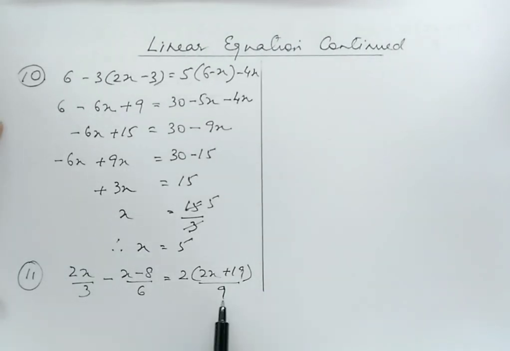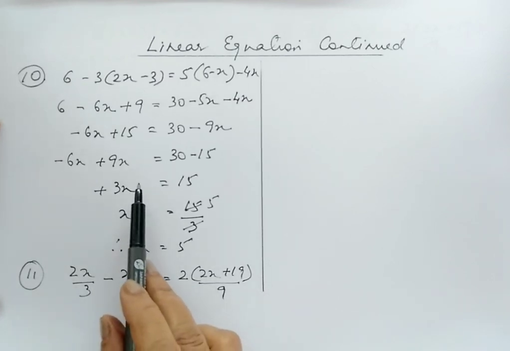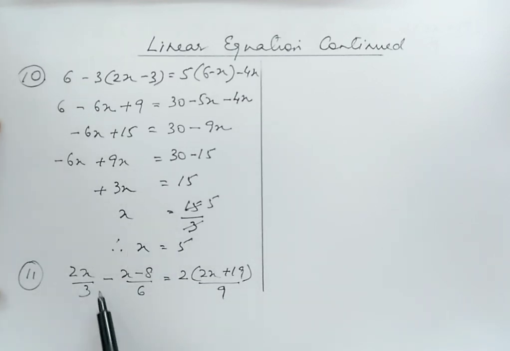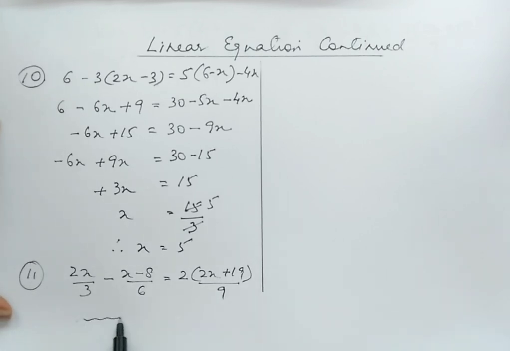By looking at the sum, you will know that this is different from the 10th one, because we have a lot of division operations in this, and since we have denominators, which were missing there, we need to find the LCM on both sides. This side we already have, so it's time that we find the LCM of 3 and 6.